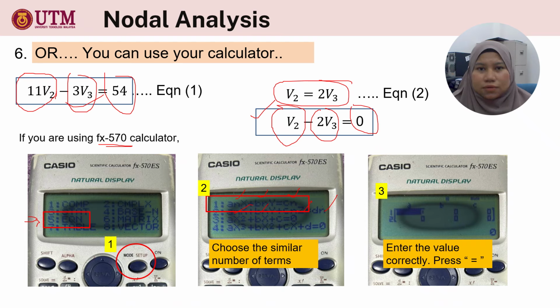Press equal, and then it will ask you again what is the value of b, number 1. So press -3. And this is 54. Then it will ask you the second row. This is 1. This is -2. This is number 3 is 0. And then press equal. Every time you enter a number, press equal.